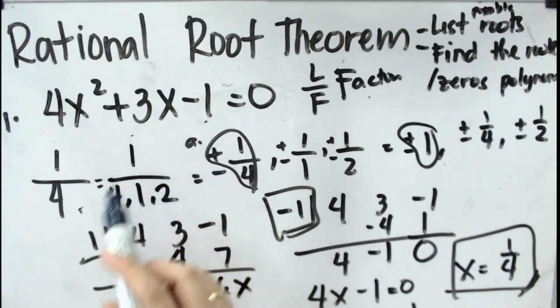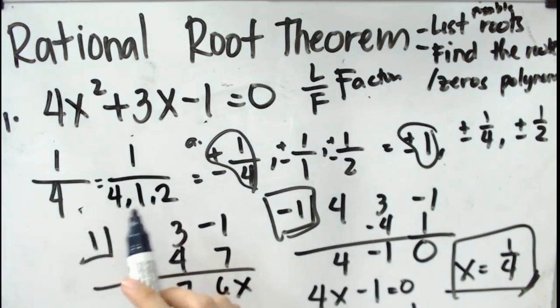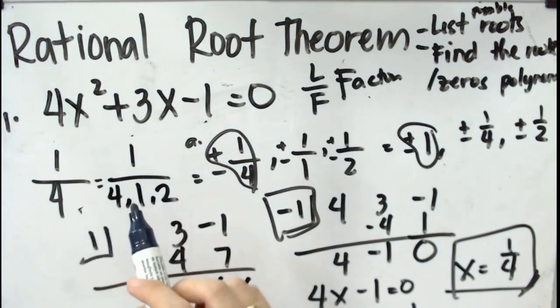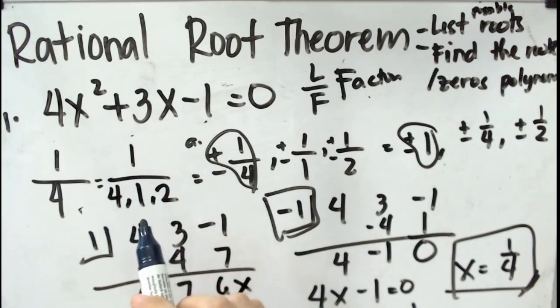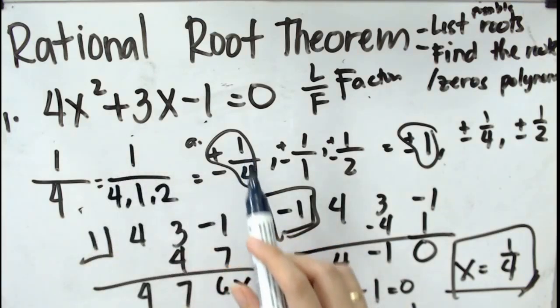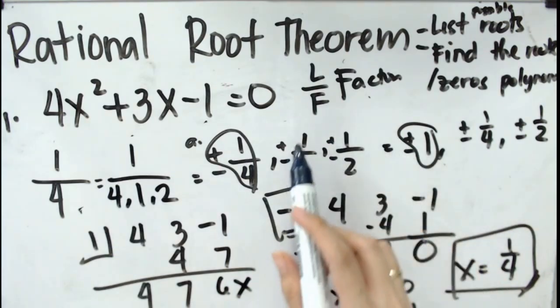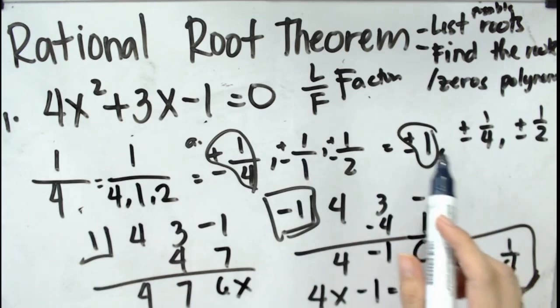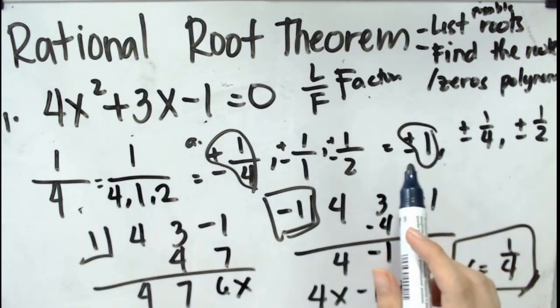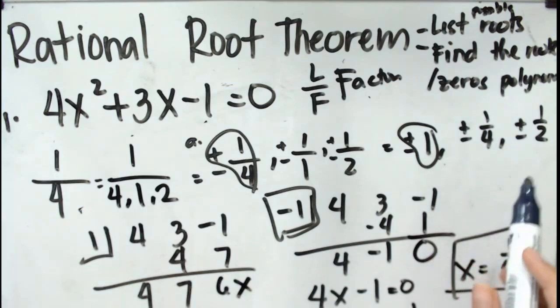Over 4, the factors of 4 are 4 times 1 and 2 times 2. I write 2 once only, and then I just pair them up: 1/4, 1 over 1, and 1/2. And then simplify. 1 over 1 is the same as 1, so I write positive negative 1, positive negative 1/4, and positive negative 1/2.